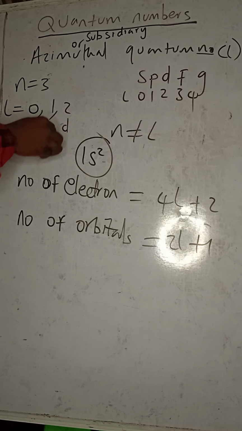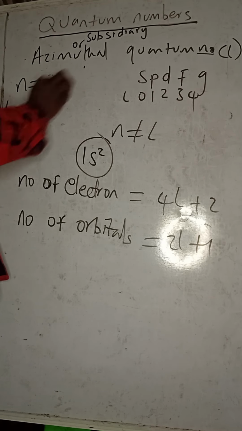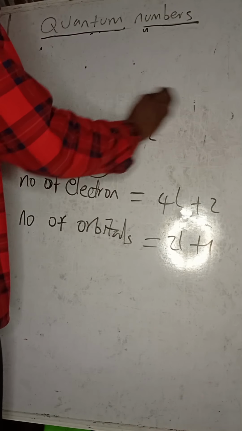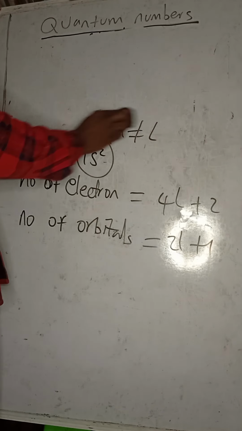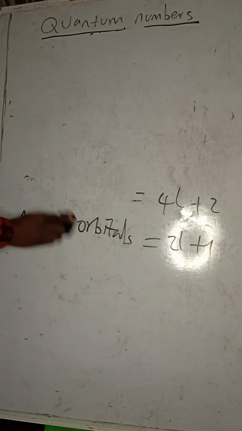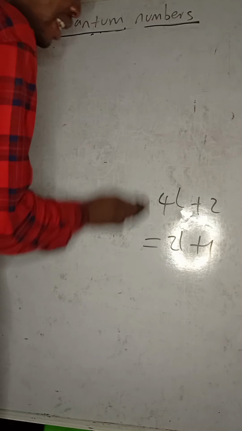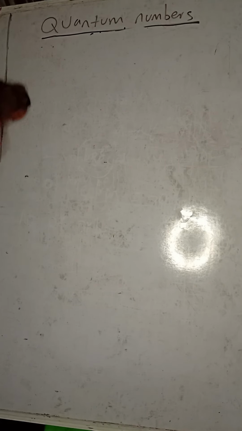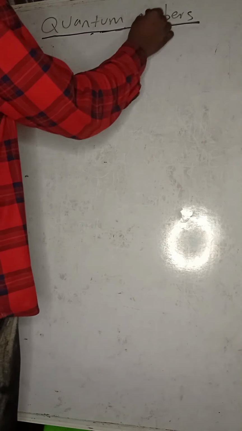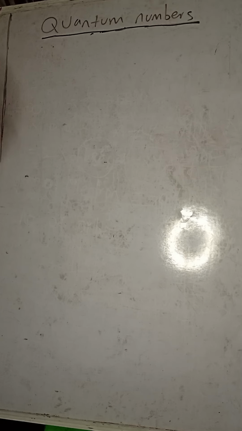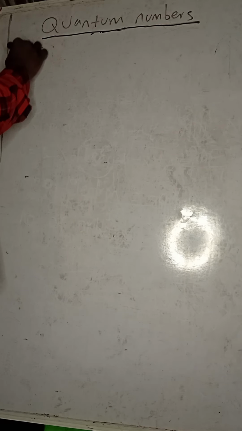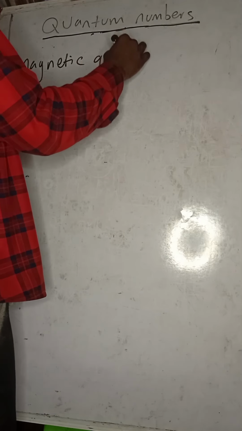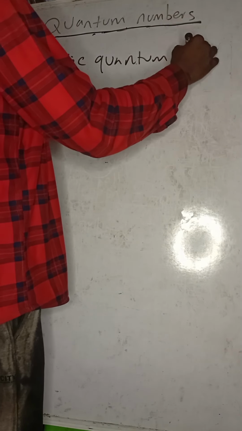Now, let's quickly look at the magnetic quantum number and how it tells me the orbital orientation and, if possible, the magnetic orientation, because the magnetic orientation of every metal depends on the type of orbitals and the type of electrons in the orbitals. The magnetic quantum number is represented with ML.